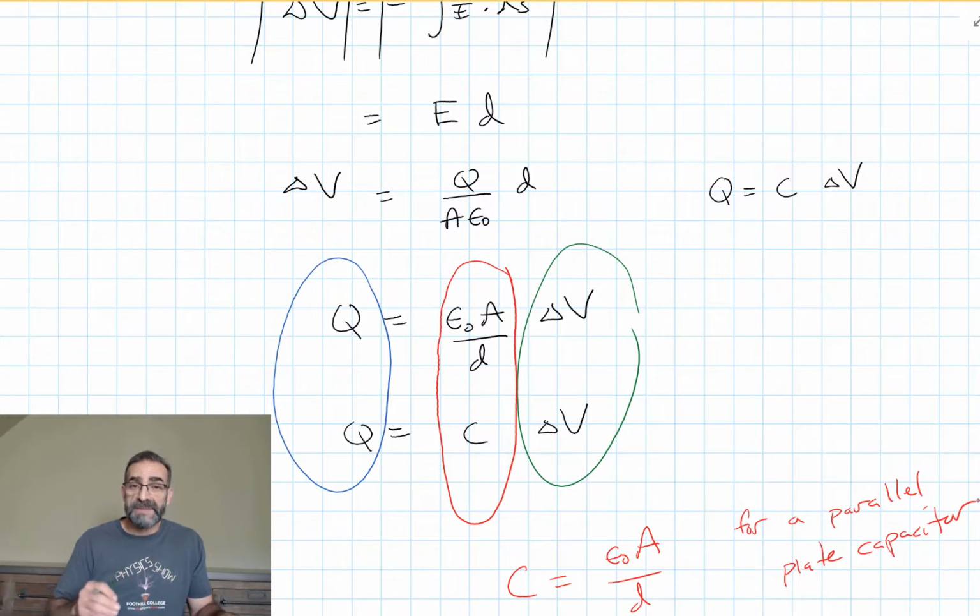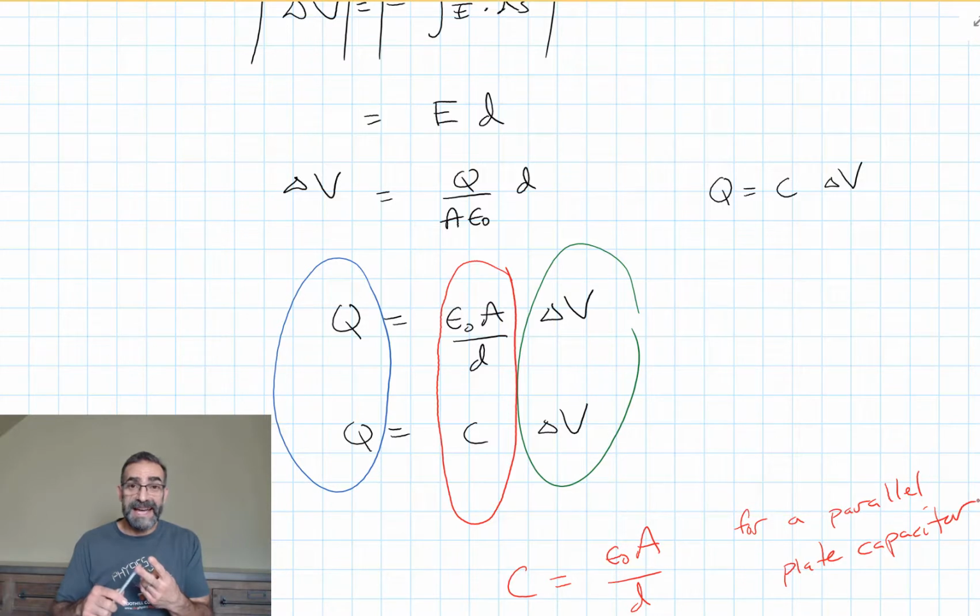If we have a material between the plates, some kind of an electrical insulating material, then the capacitance changes, and I'll show you how to deal with that later. Right now, just think about the thought process we went through. We found the electric field between the plates using Gauss's law because we had some nice symmetry to our problem.